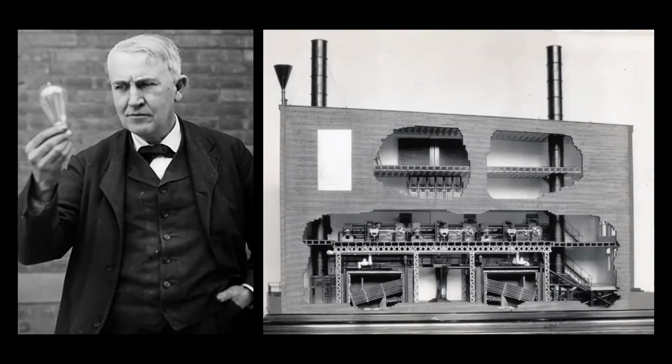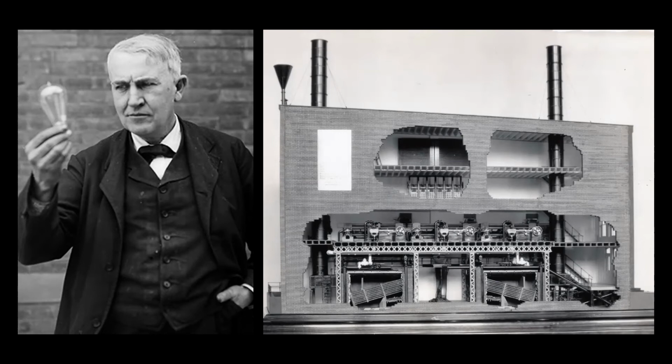But you can see here in these two images, Thomas Edison contemplating, for some reason, this light bulb. I wonder what he's thinking. He was also called the wizard because he invented so many different things. But on the right is even more interesting.